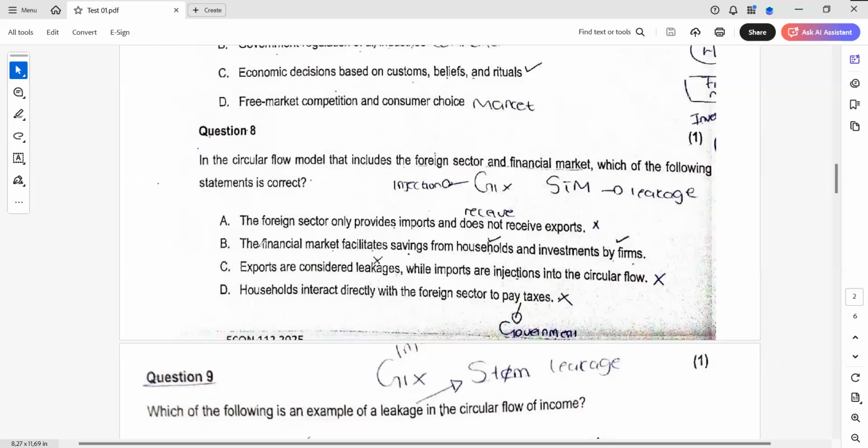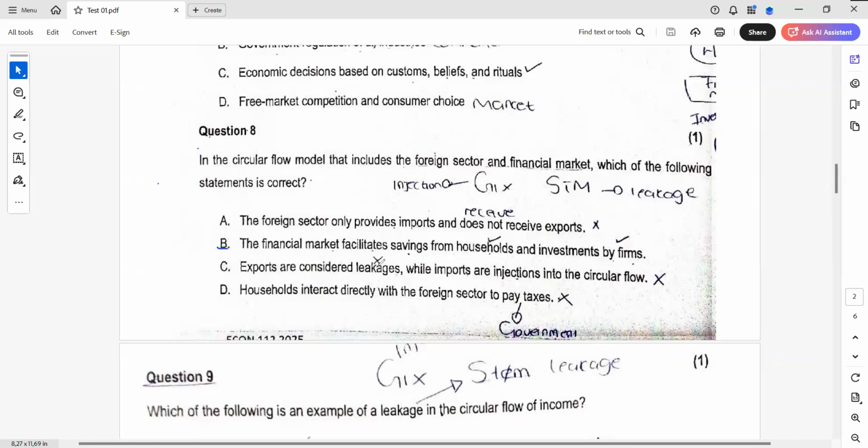And then B says that the financial market facilitates savings from households and investment by firms. So this is true. Remember, I said that in the financial markets, the households and the firms save their money with the financial markets, and the financial market also provides investment to the firms, right? So this one is correct. But let's just read the other ones to see.